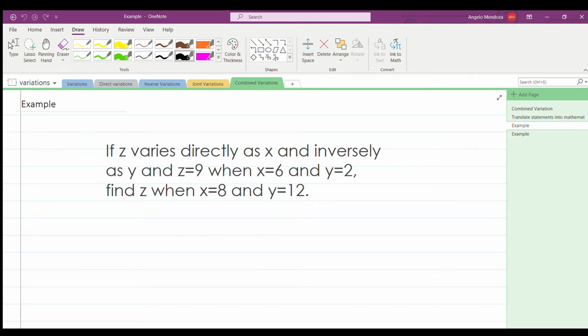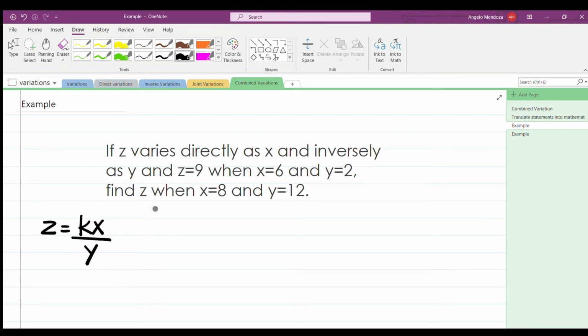Let's have our first example here. If Z varies directly as X and inversely as Y, and Z equals 9 when X equals 6 and Y equals 2, find Z when X is equal to 8 and Y is equal to 12. So Z varies directly as X and inversely as Y. That is the equation. We're going to substitute all the values here.